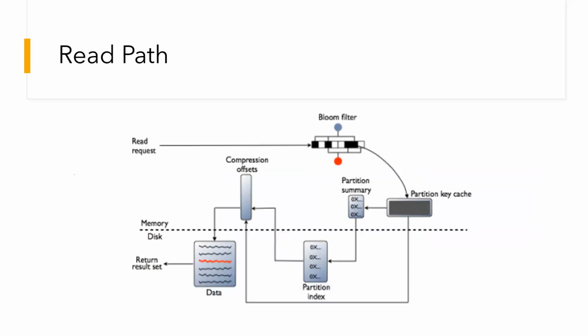So when a read request comes in, it first checks something called a Bloom filter data structure. It's a memory efficient data structure which tells you whether an SS table contains the data or not, but it's probabilistic, so it doesn't guarantee it.